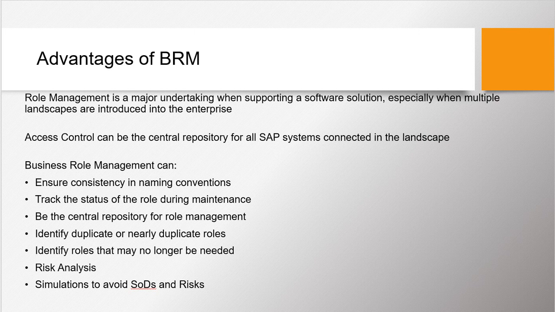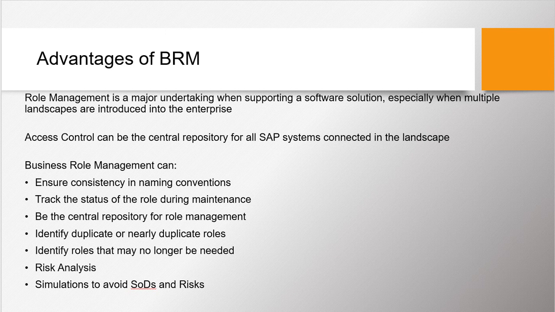Or if there is a pattern to the roles, you can maybe do a mass maintenance, but still it is going to be a manual process. Because of that, the maintenance of role attributes will be very, very high because of the manually oriented process.